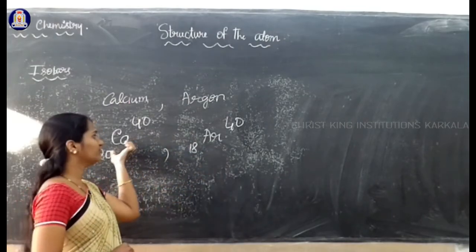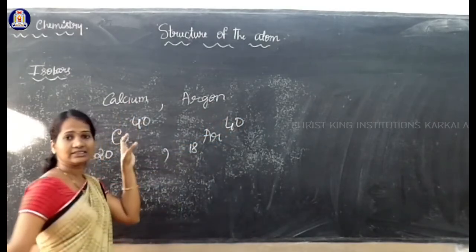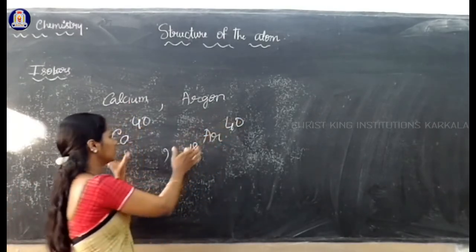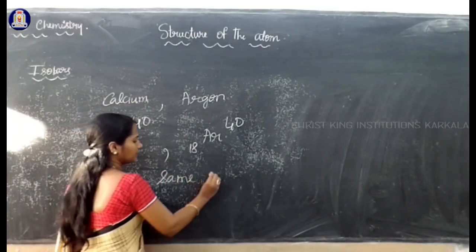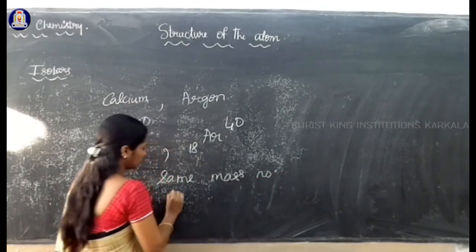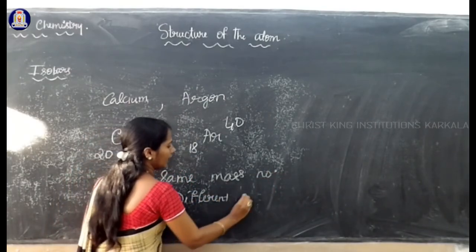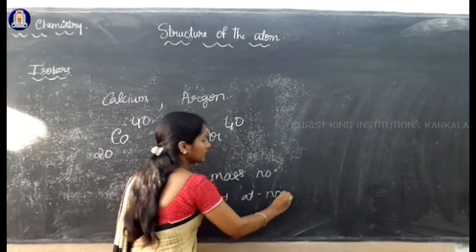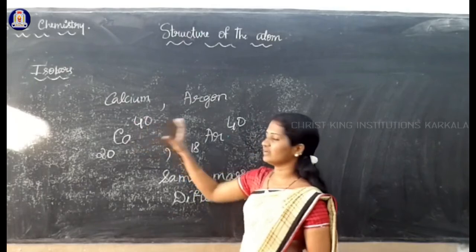Isobars are two different elements with the same mass number, different atomic number. We call them isobars.